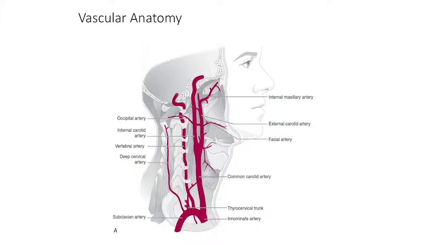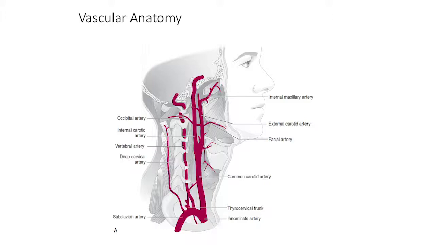The other significance about that slide is when we are requesting an echo, they should comment on the aortic arch, because of dissection and atheromatous issues around it.